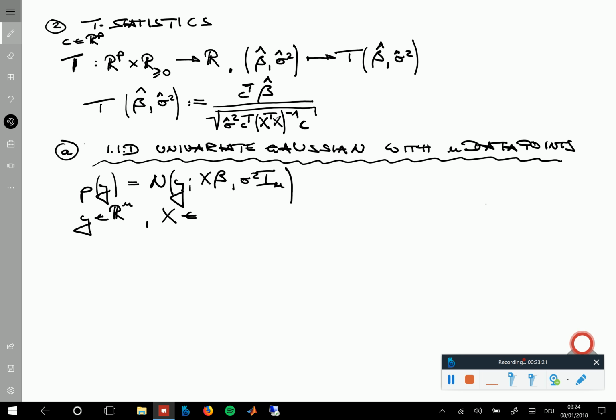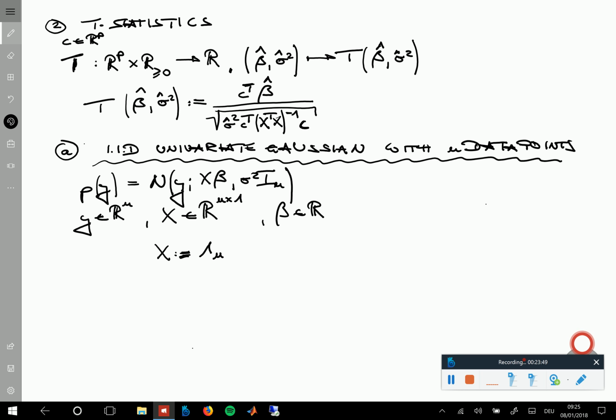So for the univariate Gaussian, y is an n-dimensional vector, so there's only one effect size parameter, so we already know that beta is also just a scalar, and X is defined as a vector of n ones.